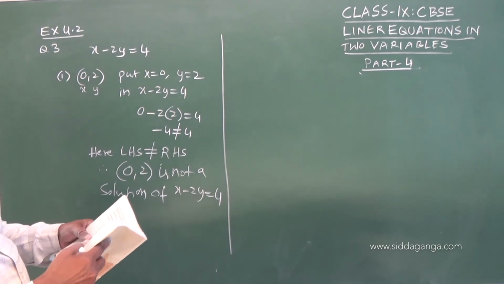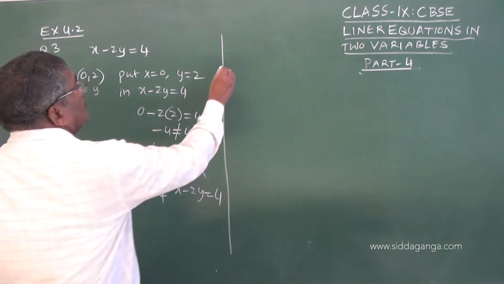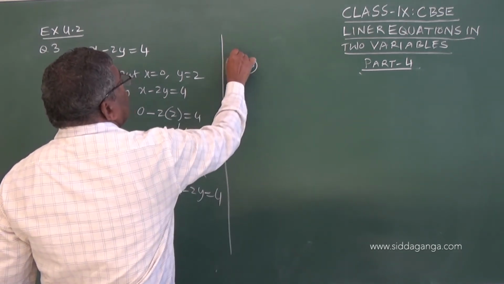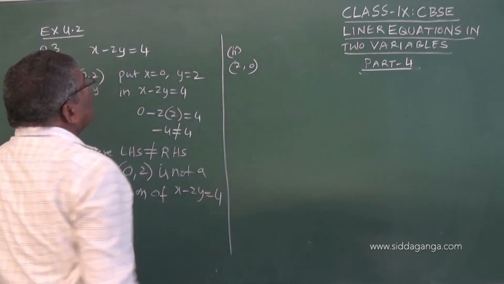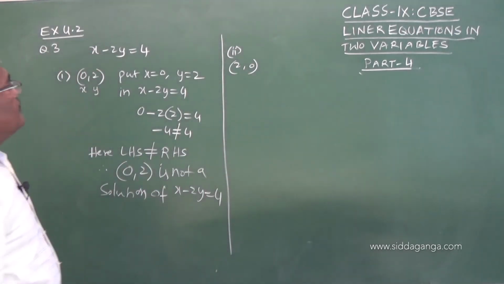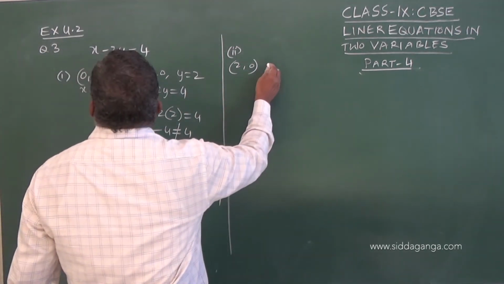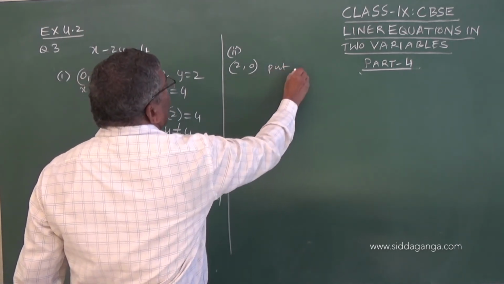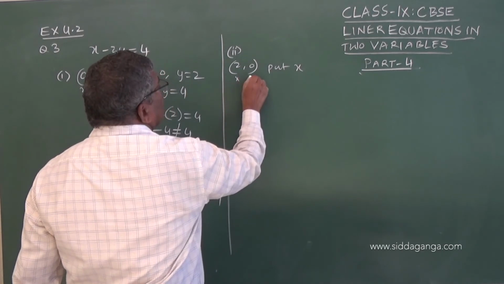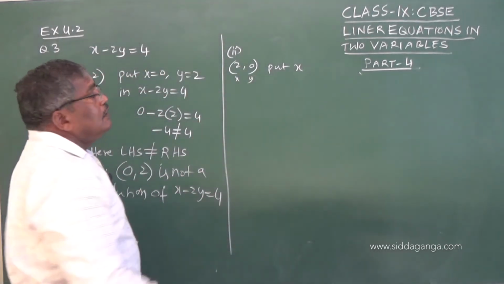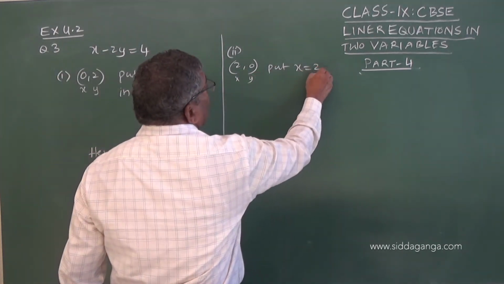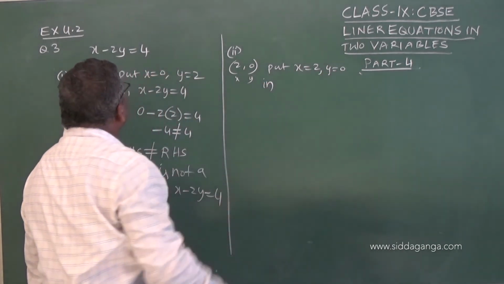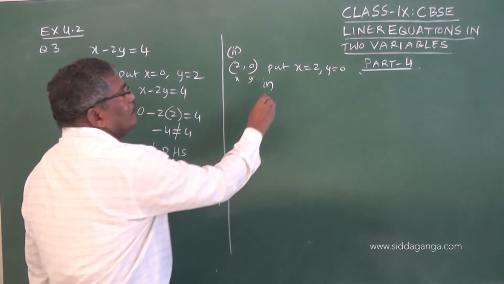Second one, (2, 0). The given equation is x minus 2y equals 4. Here this is x and this is y. Put x equals 2, y equals 0 in x minus 2y equals 4.